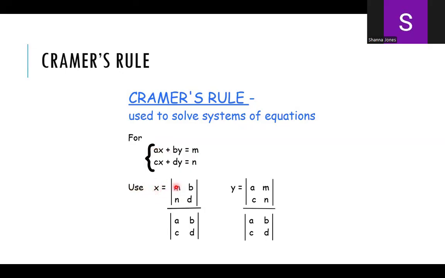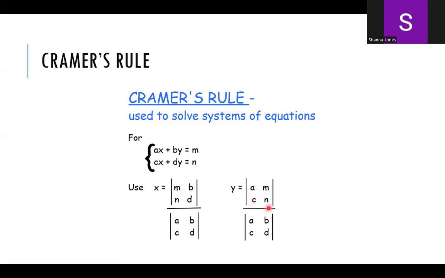To find your x value, your constants are your first column elements, and then your coefficients of your y are going to be your second elements. Okay, your constants to find x, m and n, which are your constants, and then you're going to take whatever has the y, your coefficients. Yeah, I mean, if you're good at multiplying and subtracting.